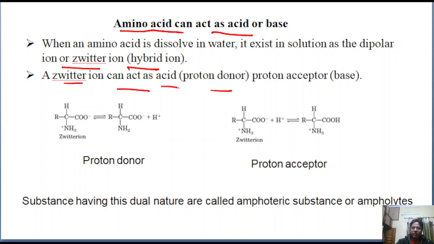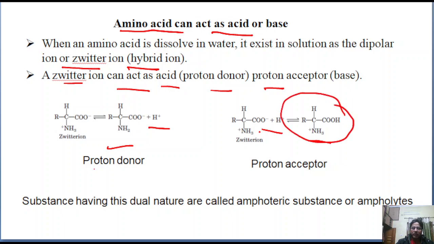As we know, acids have the property of giving protons to the solution, whereas bases accept protons. If you look at the general structure of the amino acid, it donates a proton here, so it can be known as a proton donor, and it can also accept a proton, working as a proton acceptor.